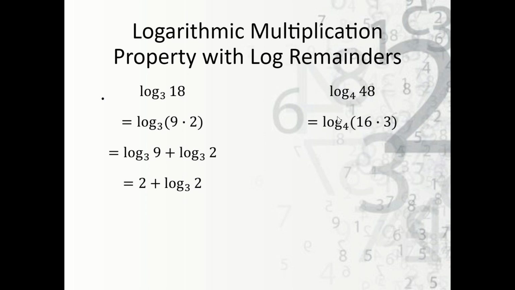So we can rewrite this as log base 4 of 16 plus log base 4 of 3. Now, 4 to what power equals 16? We should notice that 4 to the second power equals 16. So this is really 2 plus log base 4 of 3. We can't simplify this because 3 is not any kind of a power of 4. So we'll just leave it just like this: 2 plus log base 4 of 3.